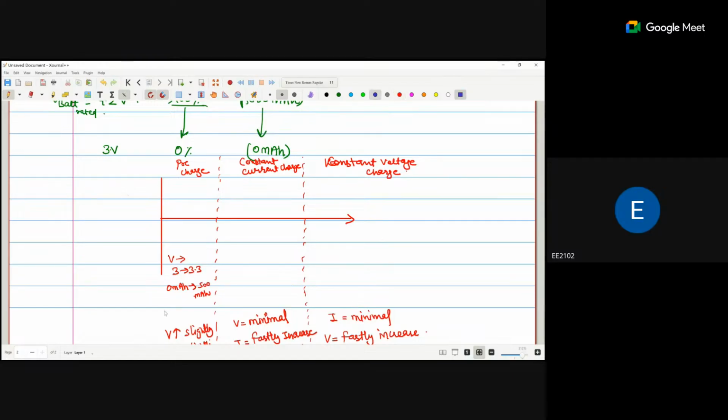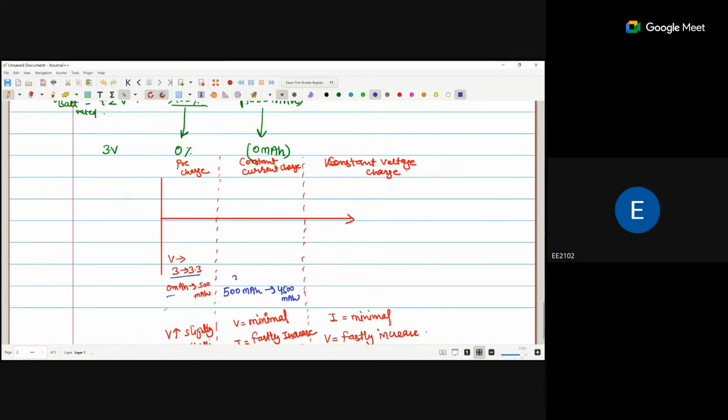Just take this as an example, it is not correct data. So you understand that voltage will increase as well as current, but both will increase slowly. Now in this fast charging, your current will increase from 500 mAh to 4500 mAh.